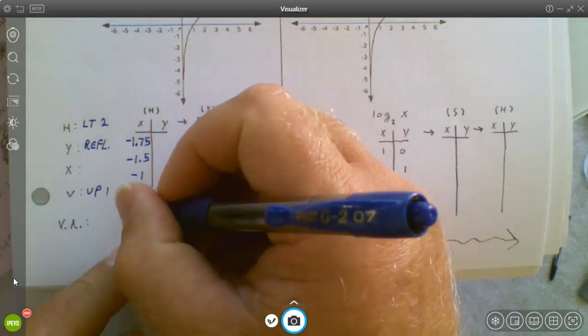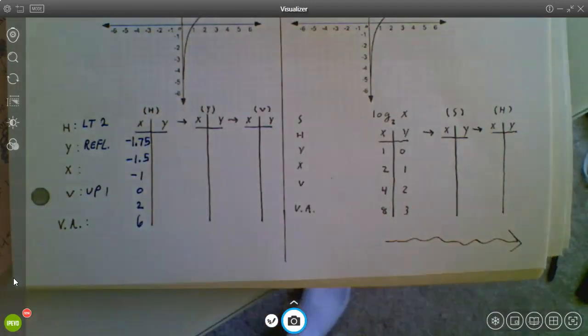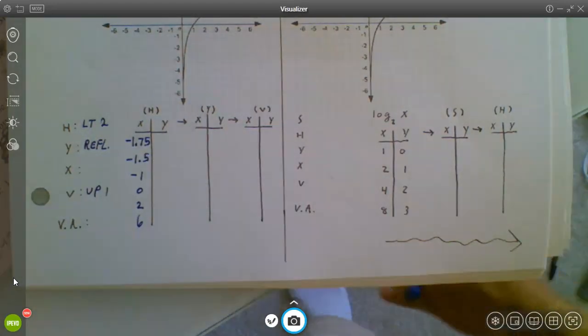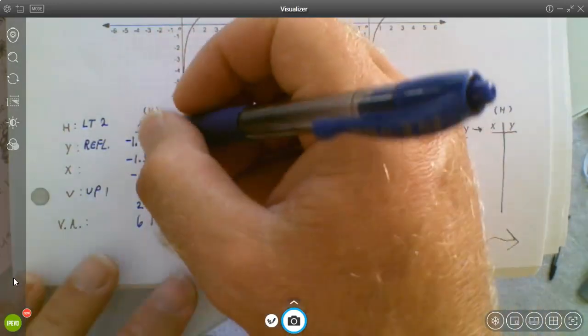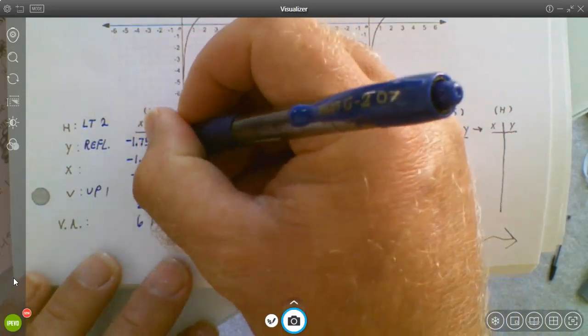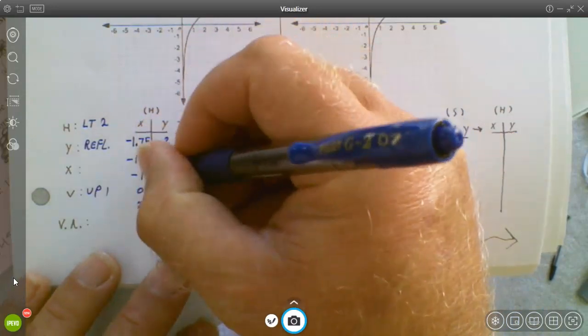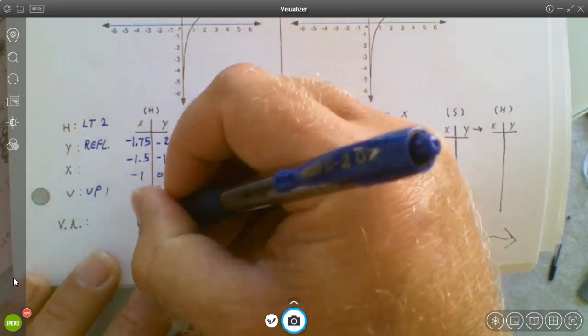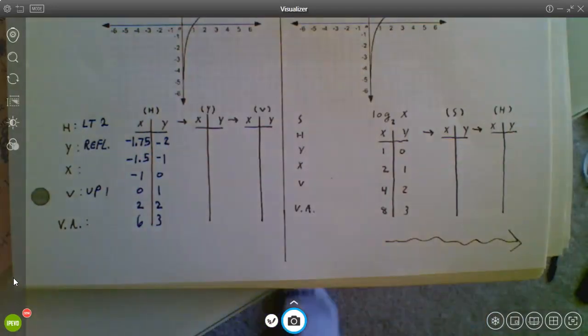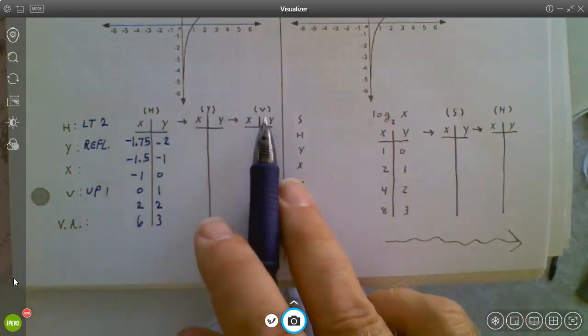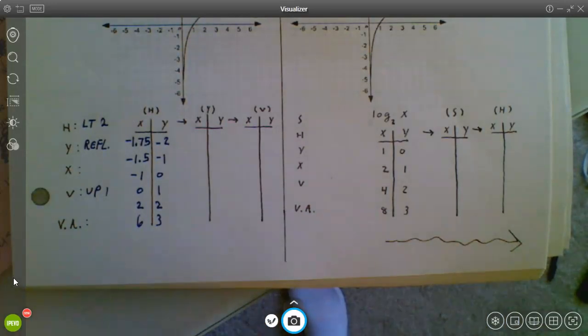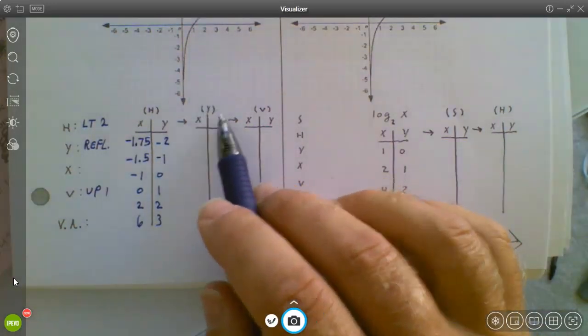Making sure I got them all. There we go. So I subtracted 2 from all of my x's, gave me those guys. So my y values have not changed yet. I'm really doing this step by step so that we don't get lost and do any of this stuff out of order. So now I can deal with reflecting across the y-axis.